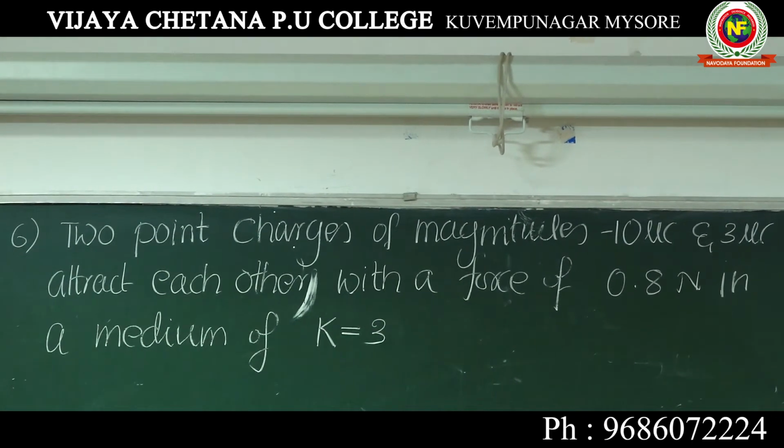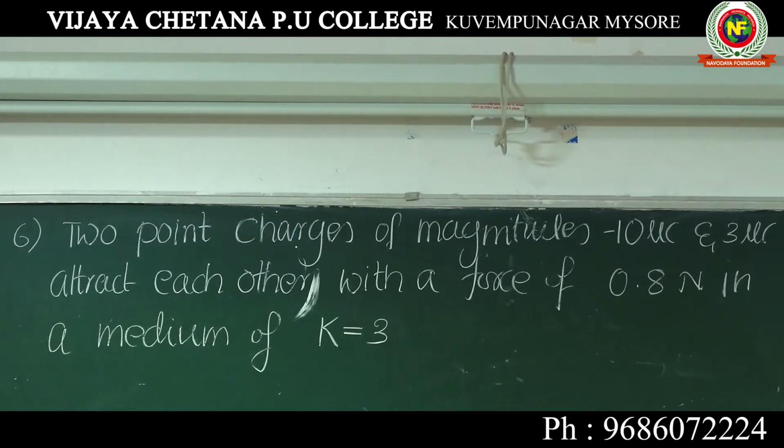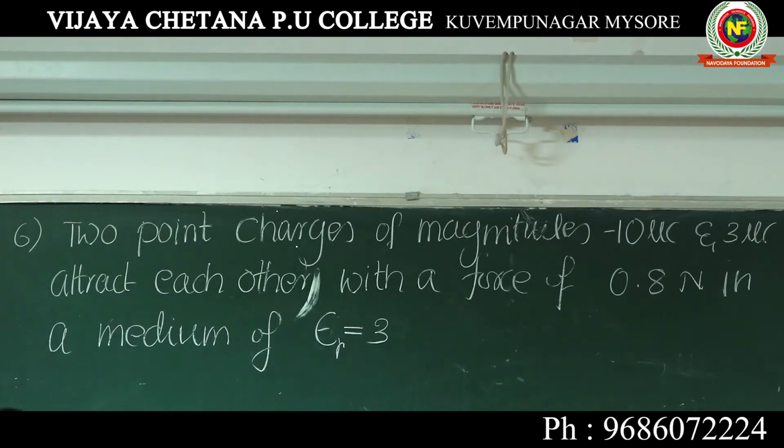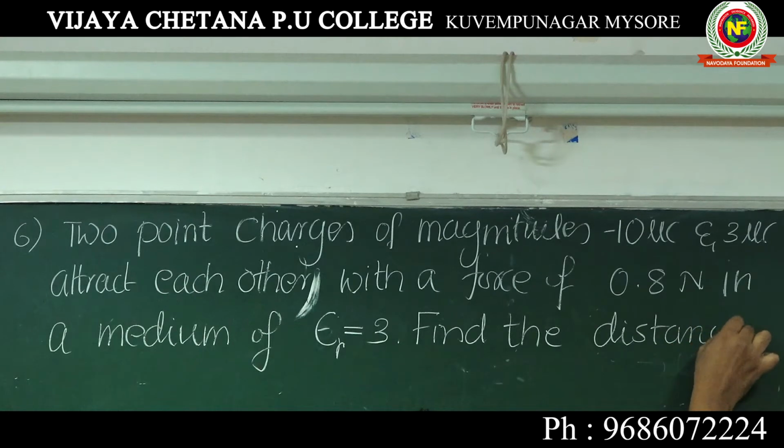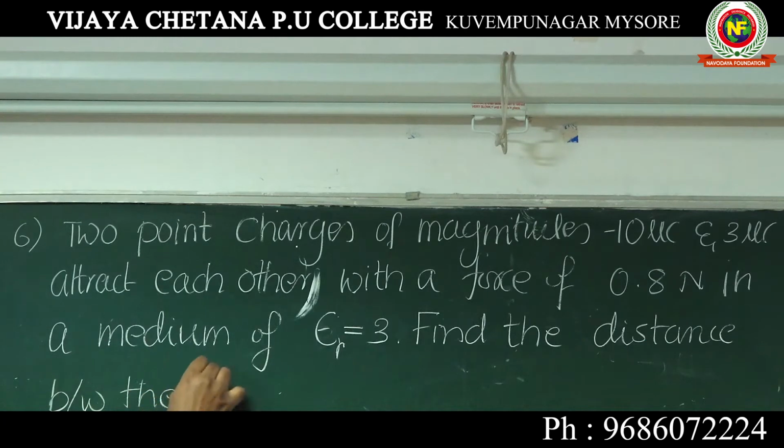Here K stands for dielectric constant, or sometimes K is also written as epsilon r. Both of them mean the same. In some books they refer to it as K. In some other books they may represent it as epsilon r. Relative permittivity, it is a number without unit, equal to 3. Find the distance between the two charges.